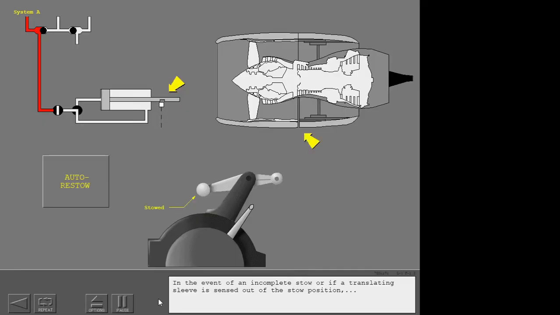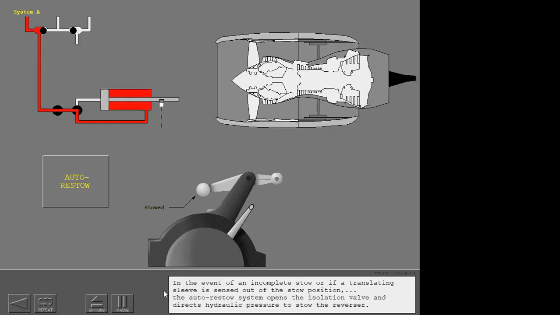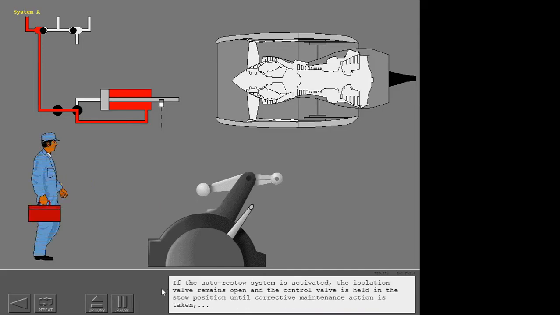In the event of an incomplete stow, or if a translating sleeve is sensed out of the stow position, the auto restow system opens the isolation valve and directs hydraulic pressure to stow the reverser. If the auto restow system is activated, the isolation valve remains open and the control valve is held in the stow position until corrective maintenance action is taken.